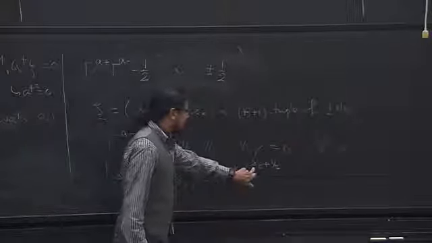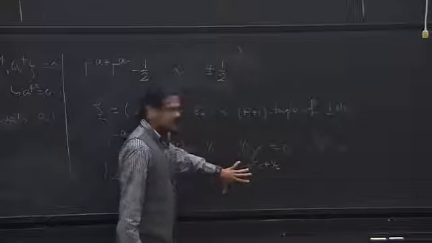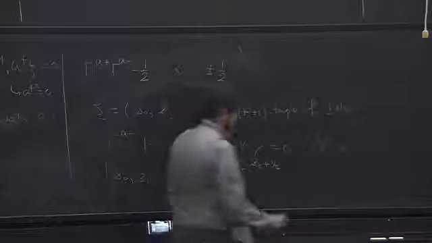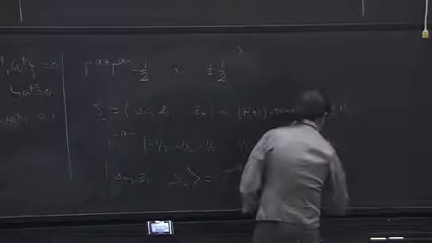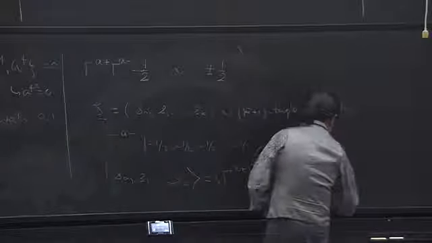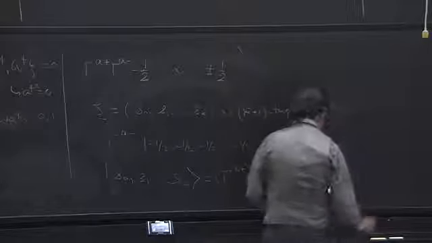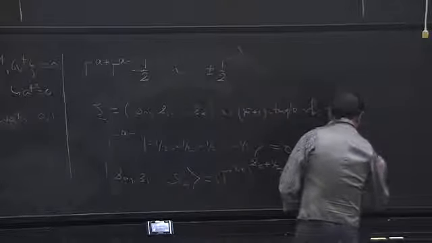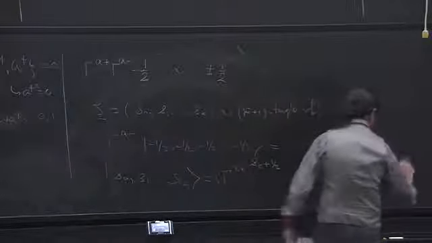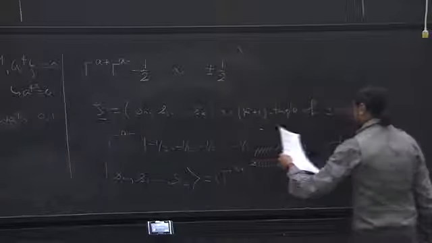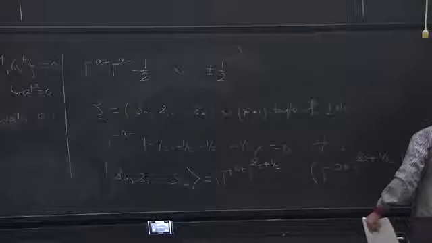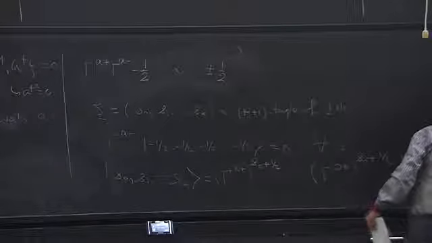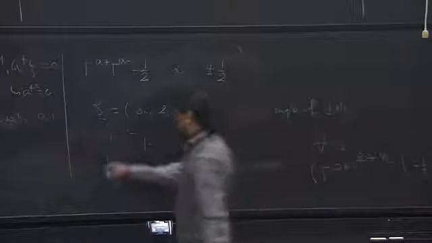If it is minus half, then plus half is 0, so this factor drops out. This is just a clever way of writing out all the creation operators acting on this lowest weight state. So this is our general state.